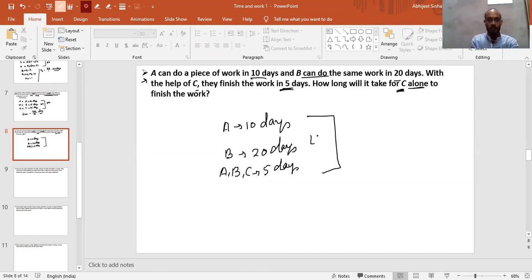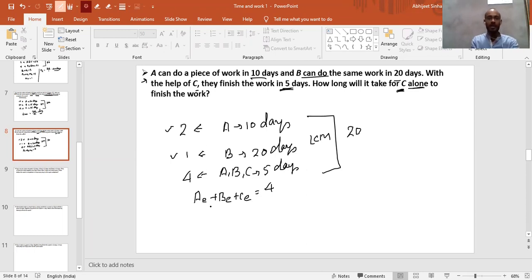So the LCM we will take here is obviously 20, right? So here this is 2, here this is 1 time, and this is 4 times. So now we know the efficiency of A, B, and C. From here we can say this is 4, and A's efficiency alone is 2 individually, and B is 1.